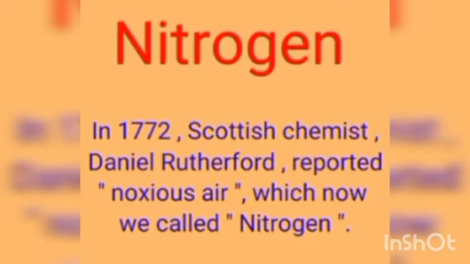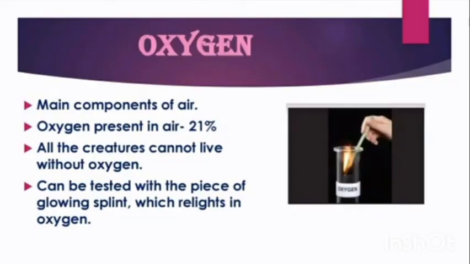Next gas, oxygen. It is one of the main components of air. The amount of oxygen present in air is about 21%. All creatures cannot live without oxygen. It can be tested with a piece of glowing splint which relights in oxygen. The uses of oxygen.